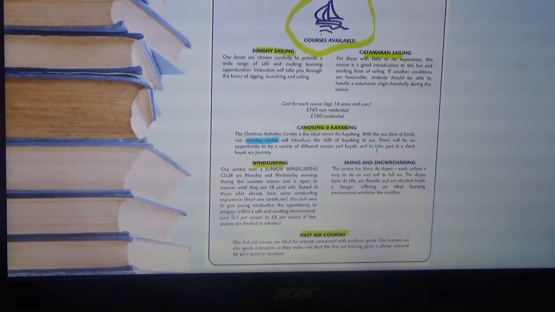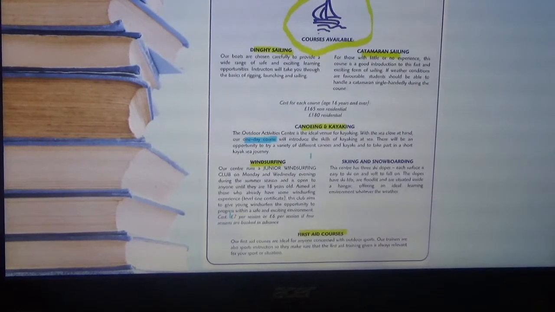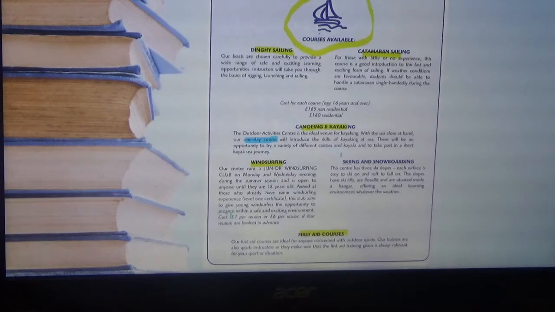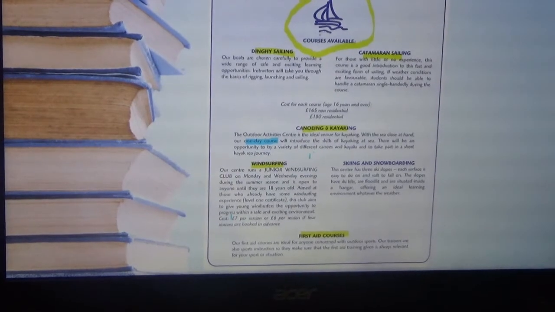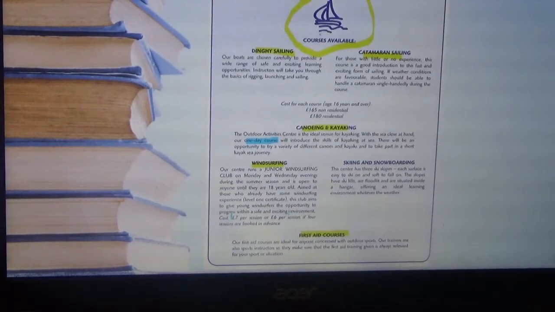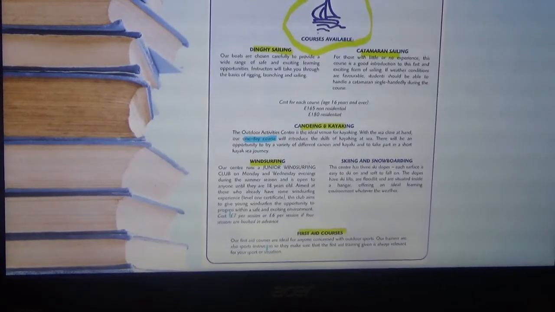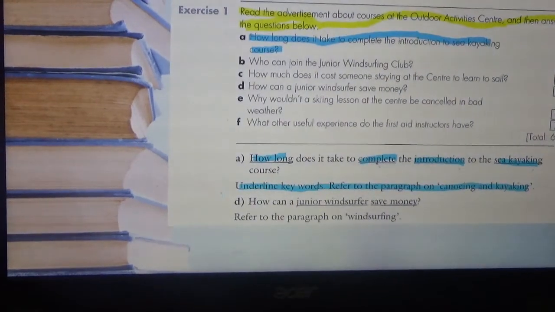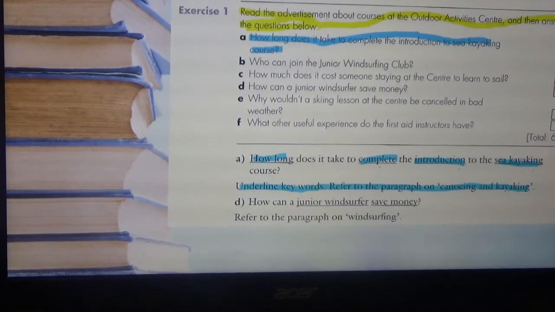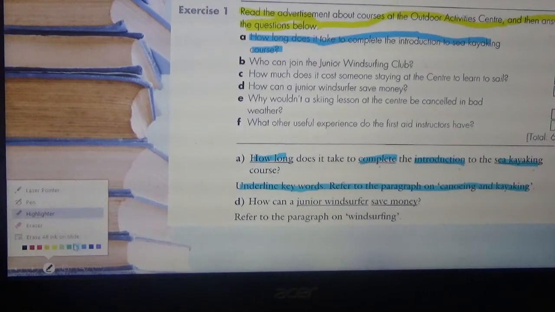If you want to continue reading, you may do so. However, we got the answer right here. There will be an opportunity to try a variety of different canoes and kayaks and to take part in a short kayak sea journey. So we have our answer for the first question, and it's equivalent to 1 point. So that's how we dealt with the question.